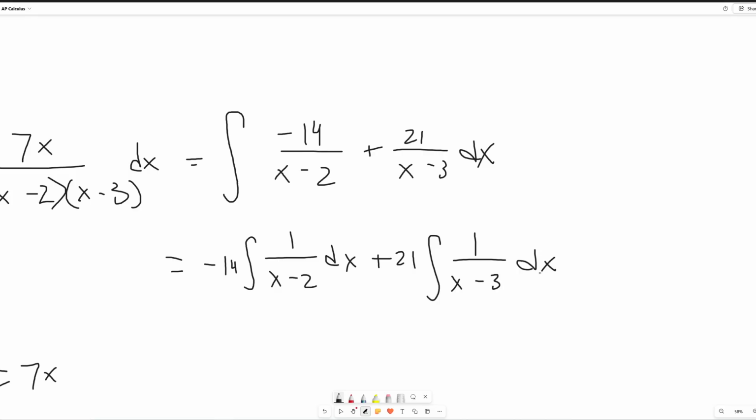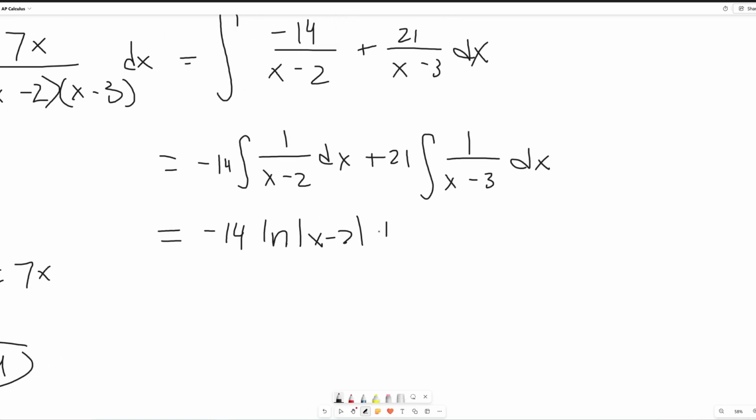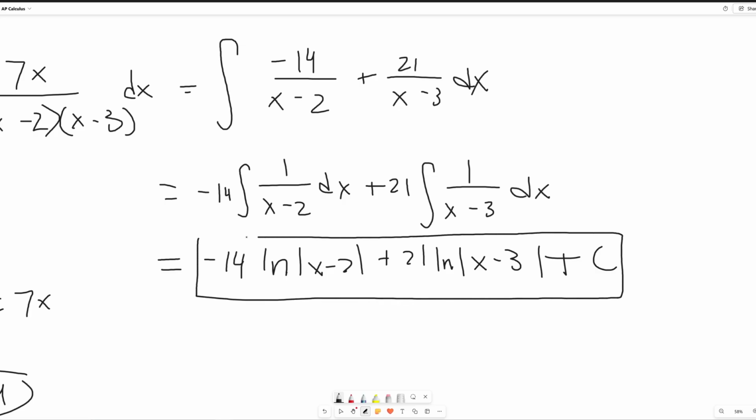Okay, so now we have the ln like relationship here, where we have no coefficient on the x. So negative 14 ln of x minus 2 plus 21 ln of x minus 3 plus c. And this is our final answer.